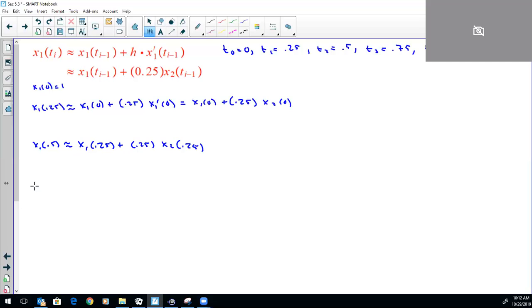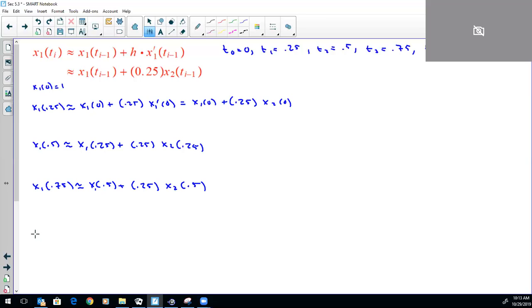Okay. Our next estimate will be at 0.75. And that will approximately be the estimate we have at 0.5 plus our step size times the derivative at 0.5, but the derivative is the same thing as x2.